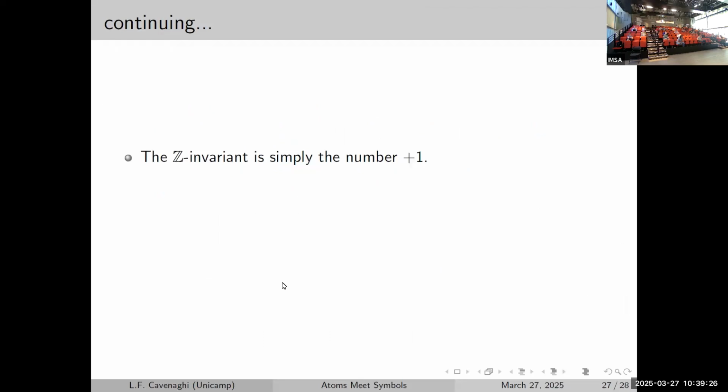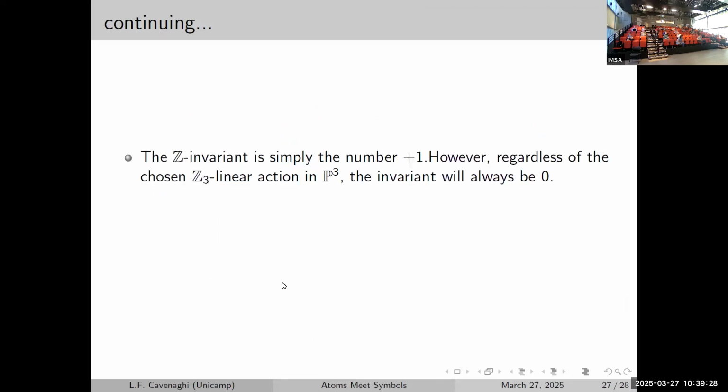But it happens that regardless of the choice of Z3 linear action on P3, meaning any Z3 action that comes from the projectivization of a representation, this invariant will be 0, because there is no way a curve with positive genus can appear as the fixed point set for linear actions on the projective space.